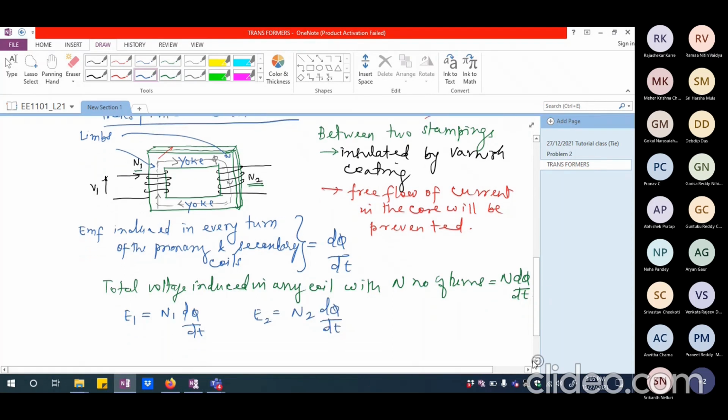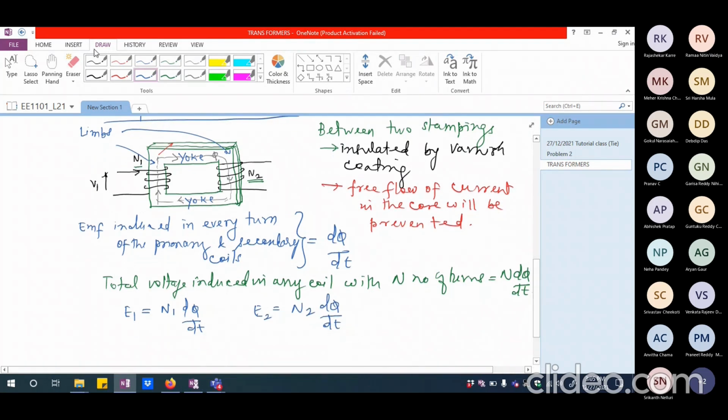So that is the reason why we can say E1 divided by E2 is equal to N1 divided by N2.